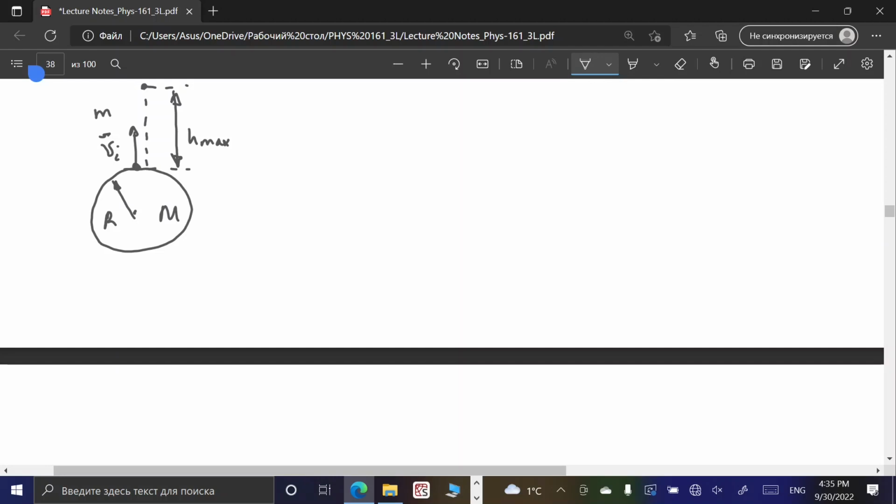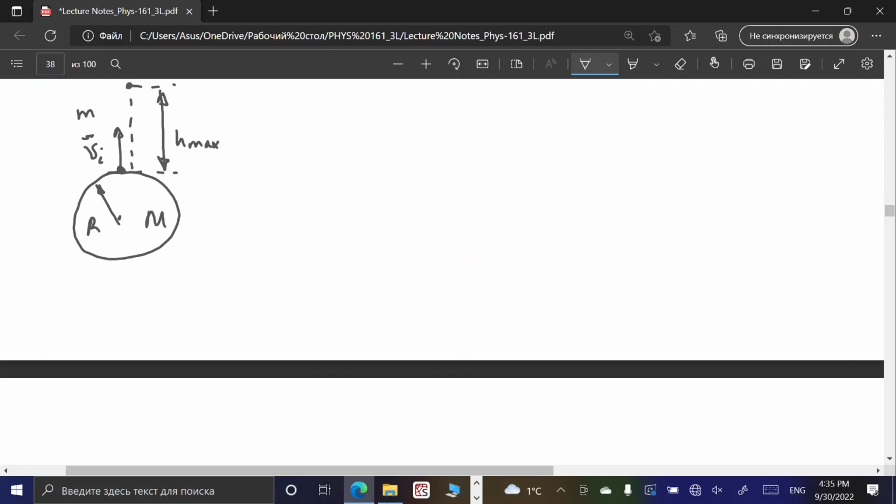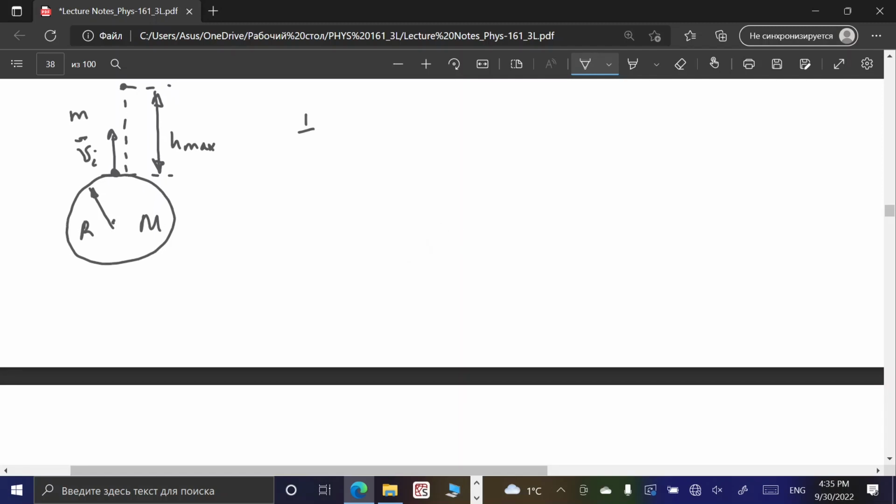Let's consider what we have initially, what the total energy of this projectile will be at the initial moment when this velocity is provided. It will be the sum of kinetic and potential energies: 1/2 m v initial squared, plus, actually not plus but minus, because we have negative potential energy, G times Me times m divided by Re.